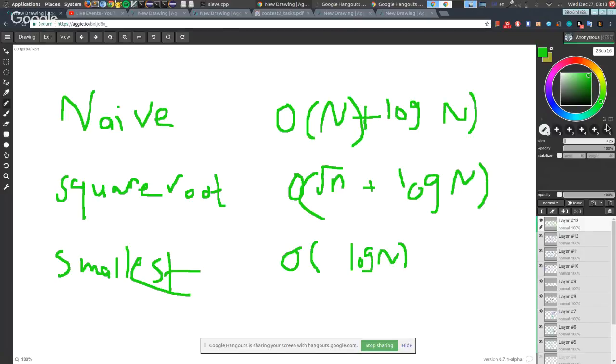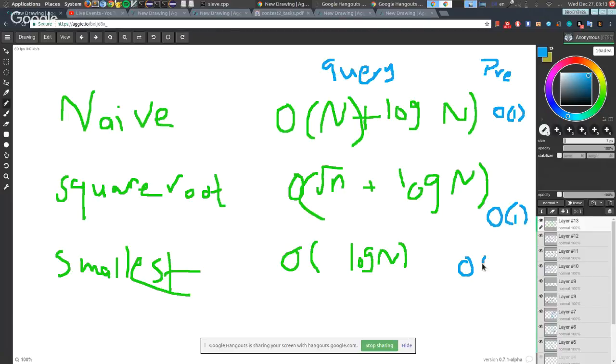These are the query times. Or the pre-computation. This here, we don't do any computation, so this also is O(1).